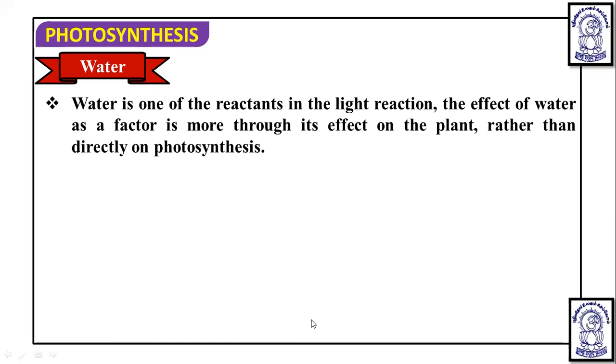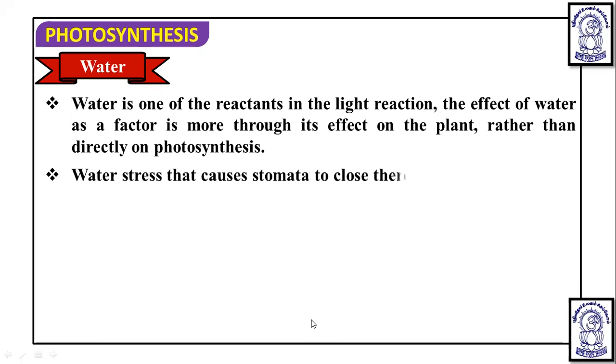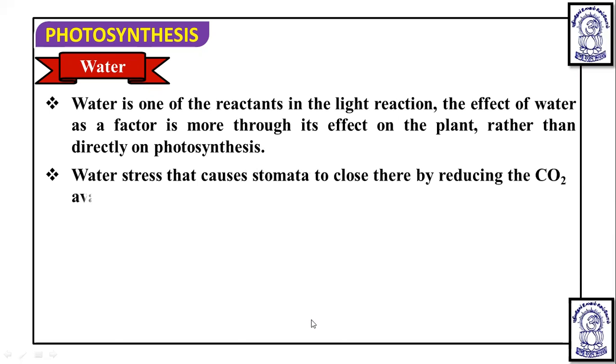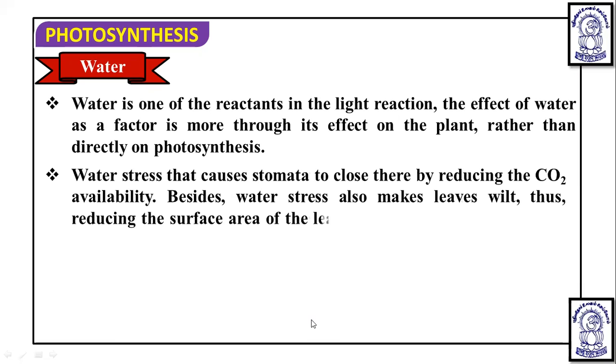Okay, so if water is available, then the plant leaves' shape will be maintained, their cells will be turgid and they will work properly. If there is water stress or water availability is less, then it is going to close the stomata, and that reduces the CO2 availability within the plant. If the CO2 availability within the plant is less, the photosynthesis will be less.